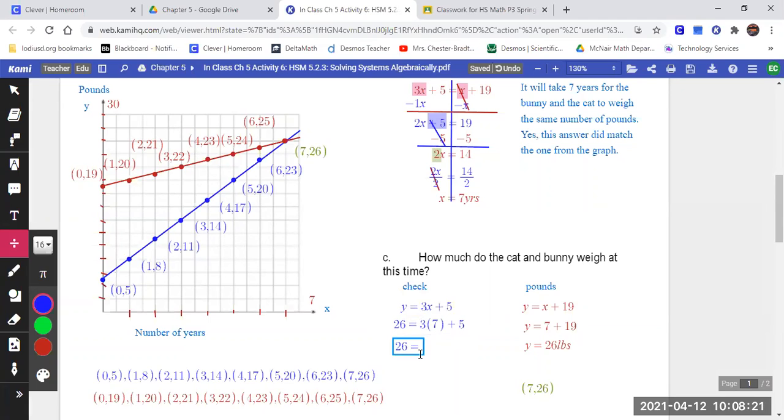What is 7 times 3? Okay, plus the 5. Oops. Plus the 5. Okay, 21 plus 5.